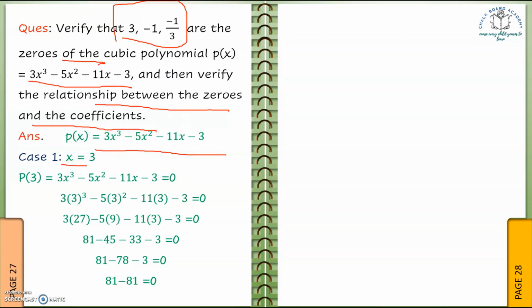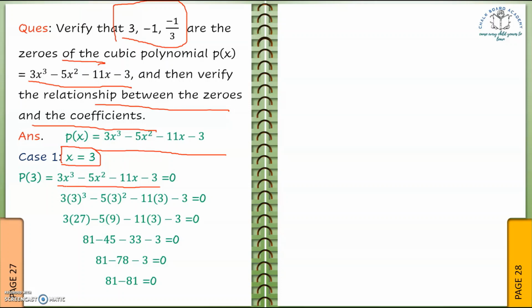Now case 1, here we will take x as 3 and we will put the value of x in this equation and we'll see whether it is equal to 0 or not. If it is equal to 0, then yes, it is the 0 of this cubic equation.